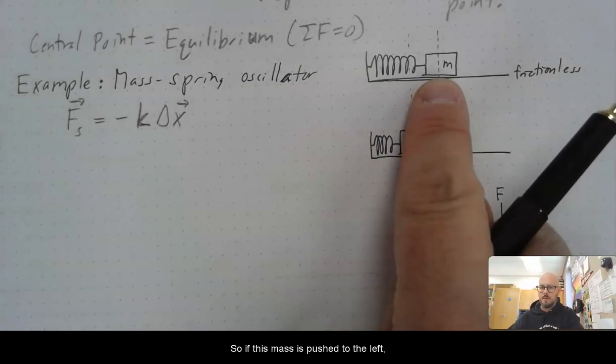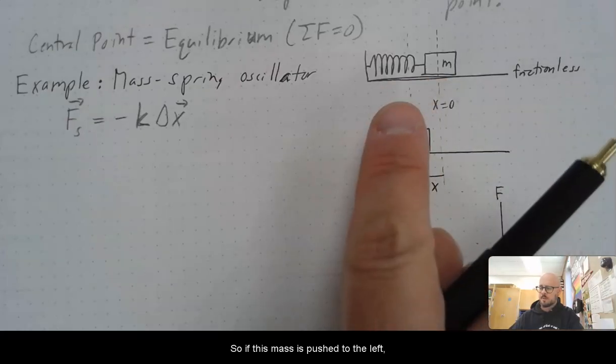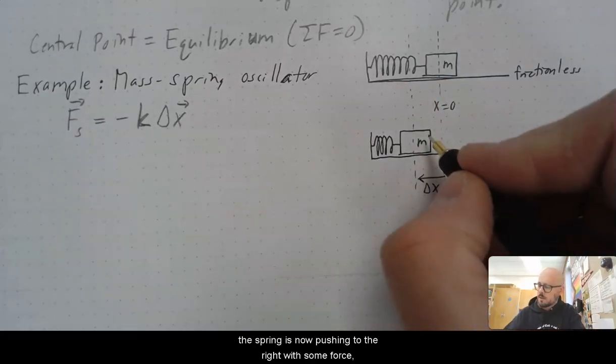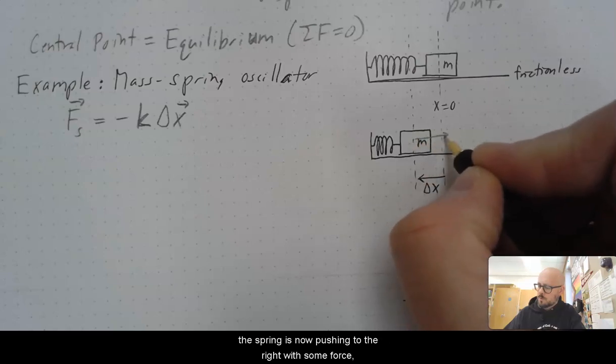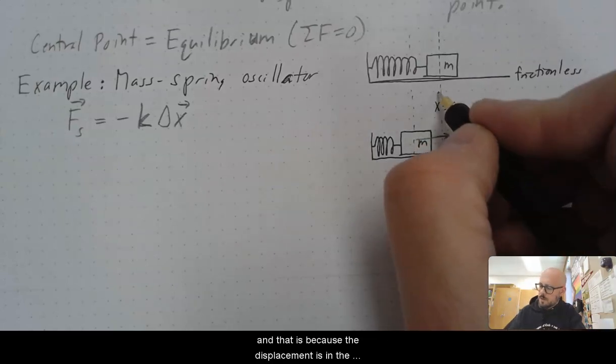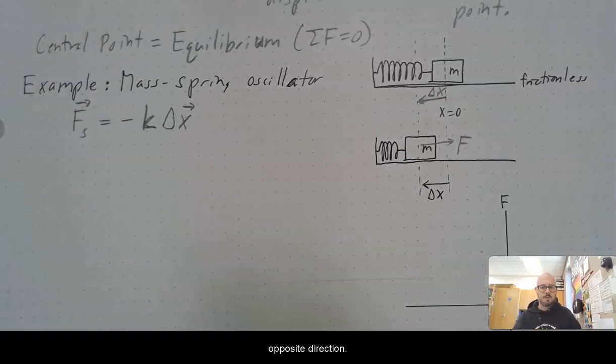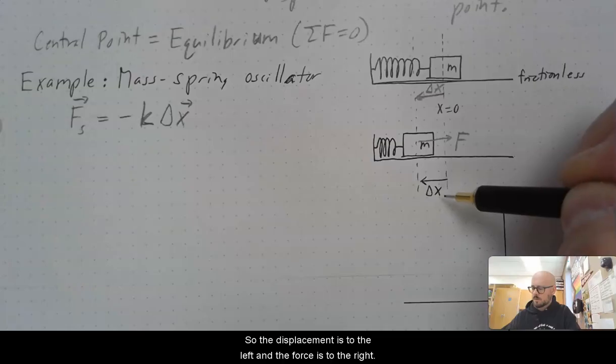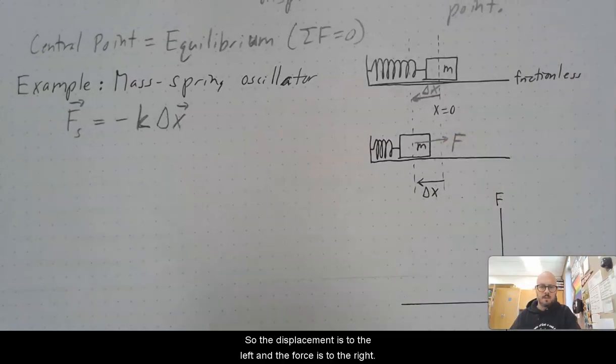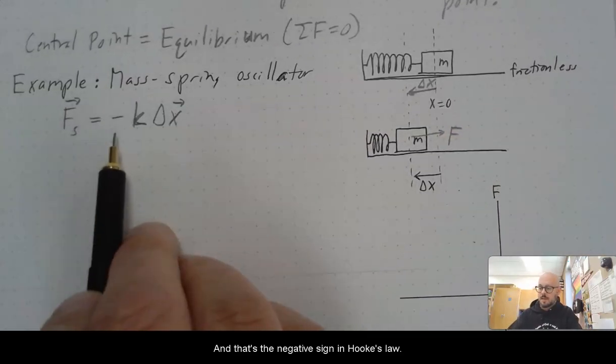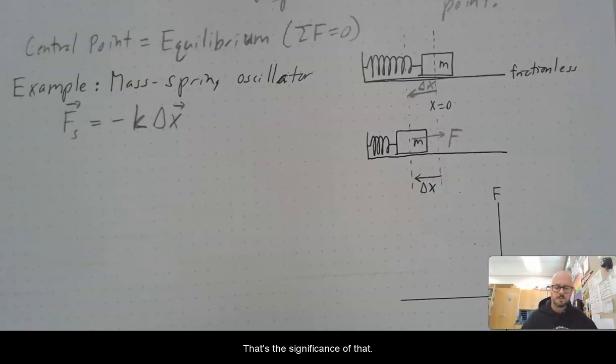So if this mass is pushed to the left, the spring is now pushing to the right with some force. And that is because the displacement is in the opposite direction. So the displacement is to the left and the force is to the right. And that's the negative sign in Hooke's law. That's the significance of that.